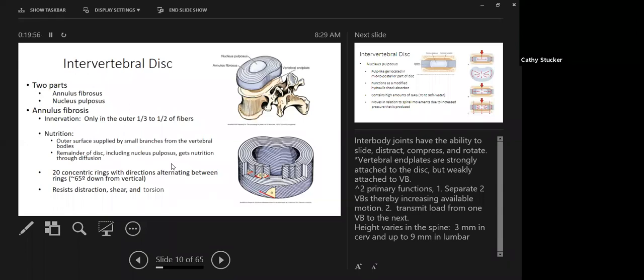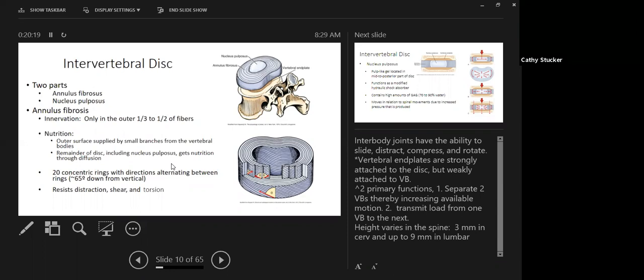The other really cool thing about the disc is it's designed to handle shear force, distraction force, and torsion. It does that because of the orientation of the annulus fibrosus fibers. They're not all just stacked up like this all the way around.